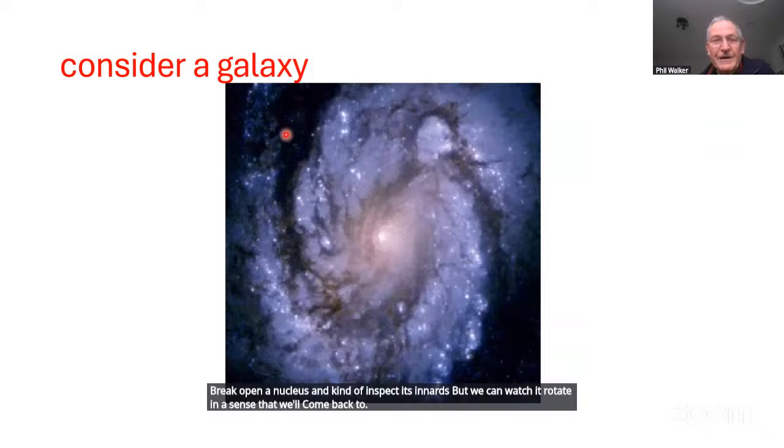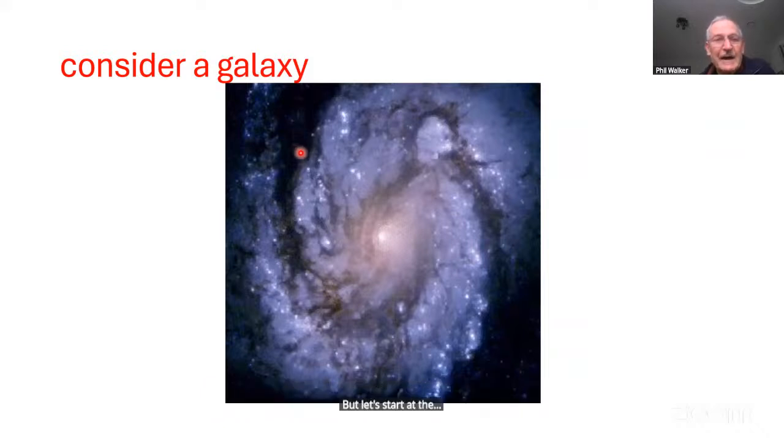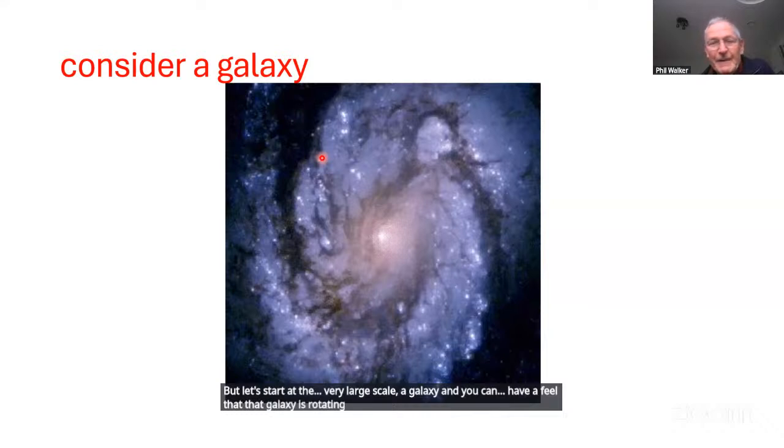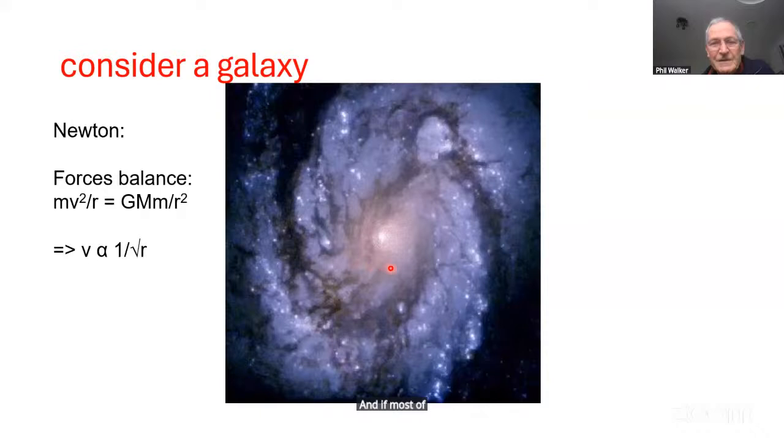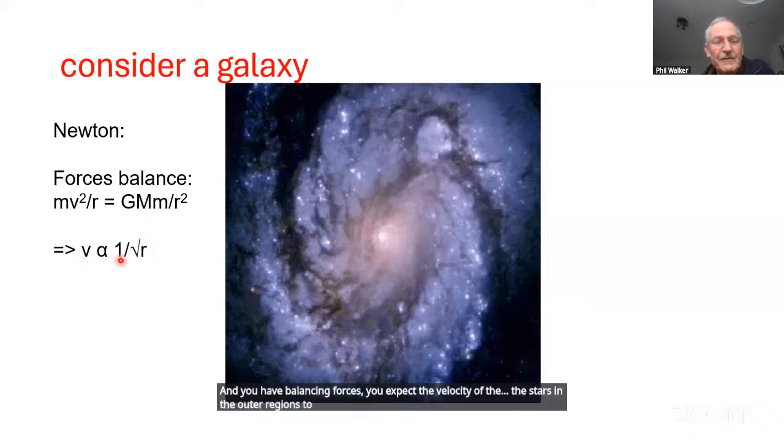But let's start at the very large scale, a galaxy, and you can have a feel that that galaxy is rotating just from the swirly nature of it. And if most of the mass is in the center of the galaxy, and you have balancing forces, you expect the velocity of the stars in the outer regions to fall off as 1 over the square root of the distance from the center.